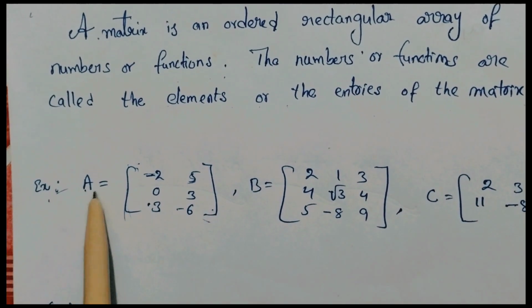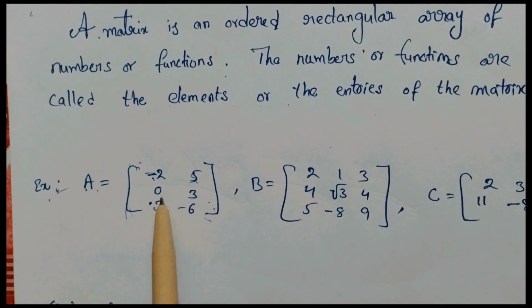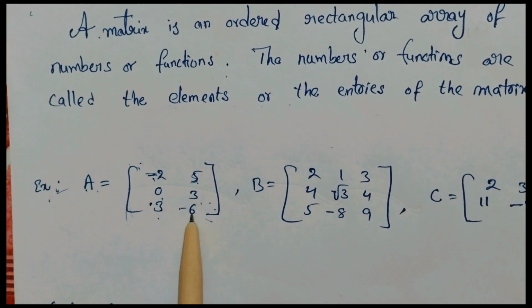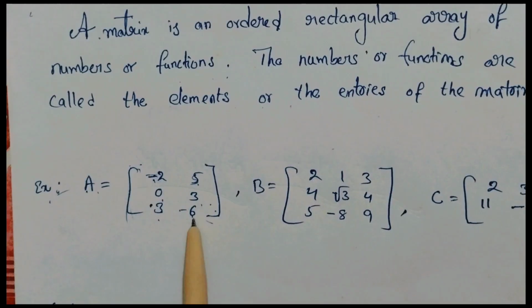In this example, we have -2, 5, 0, 3, 3, -6. How many elements do we have here? 6 elements. This is one example, and B is another example, where we have 9 elements, and in example C we have 6 elements.